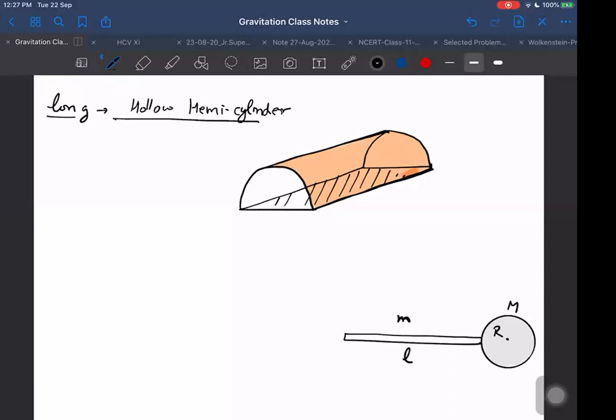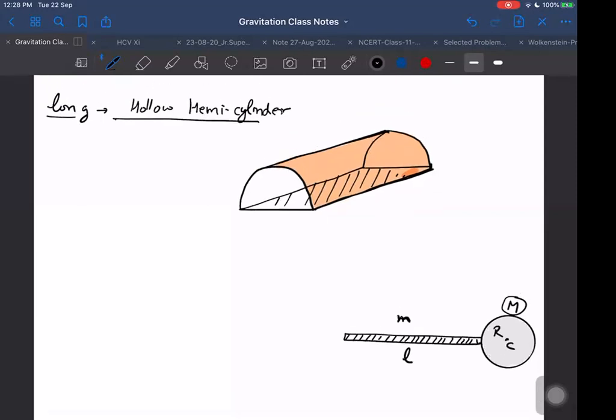I know the formula for the field due to the rod at the center. And we can assume the mass of the entire spherical shape to be concentrated at the center to calculate the field.